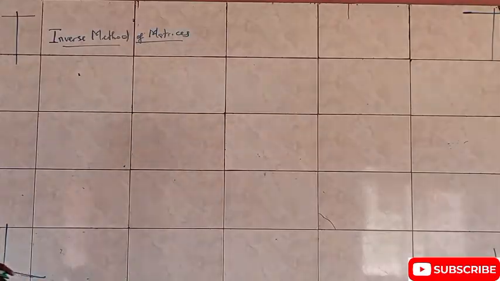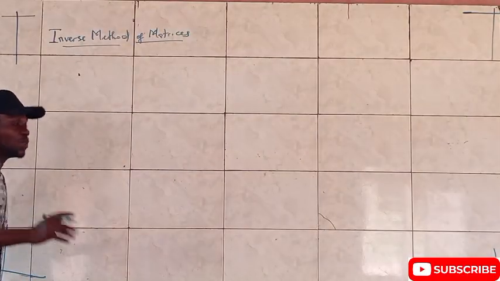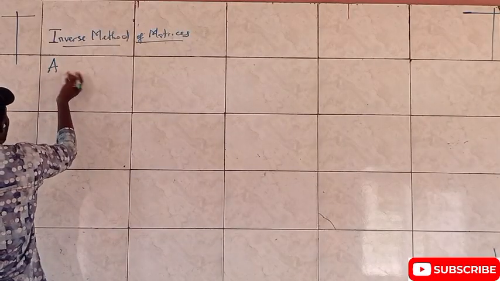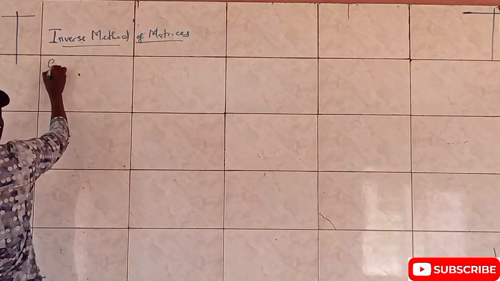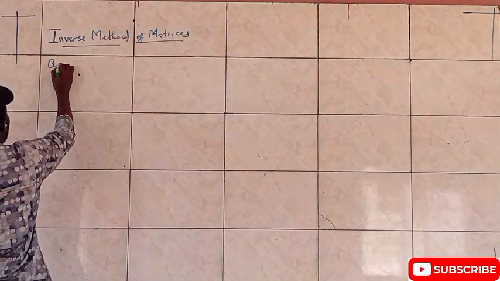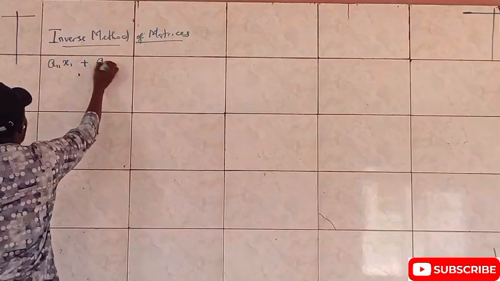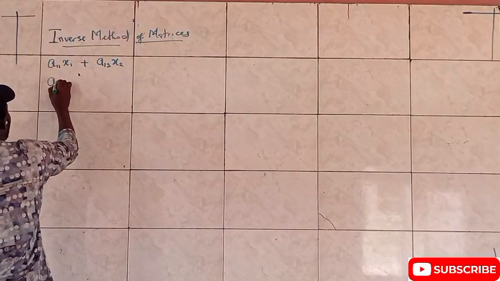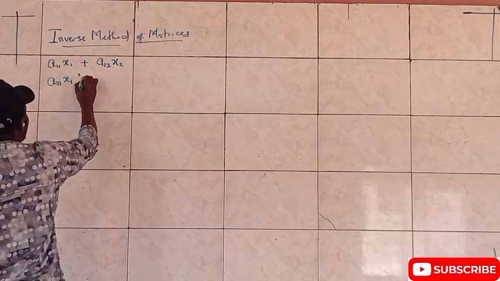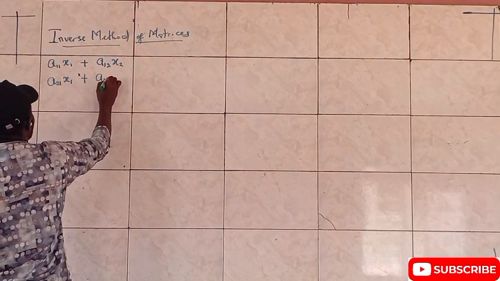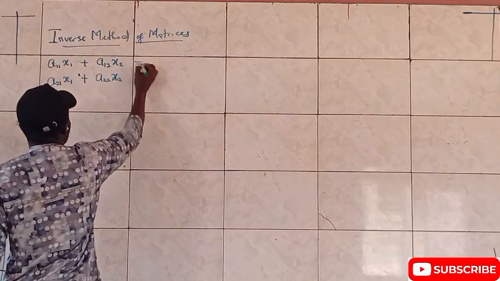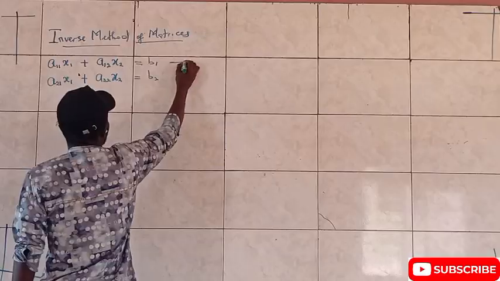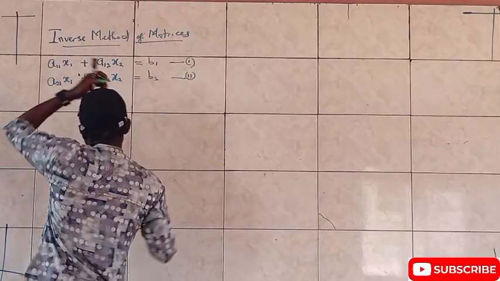You get the gist. So you know what we call a system of equations, where we have, let us say, A11 x1 plus A12 x2, then A21 x1 plus A22 x2, equal to B1 and B2 respectively, equation 1 and equation 2.